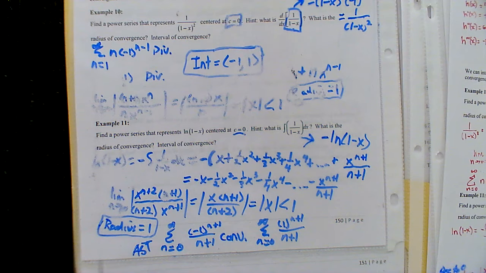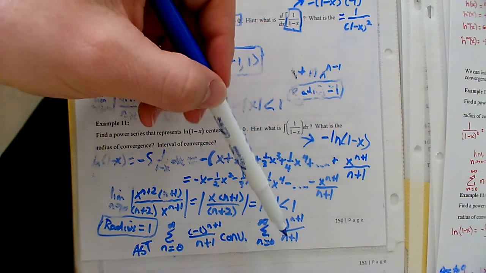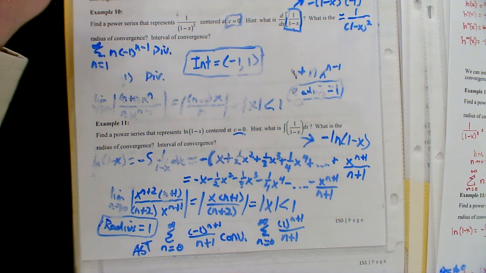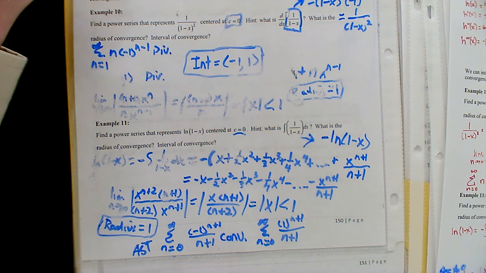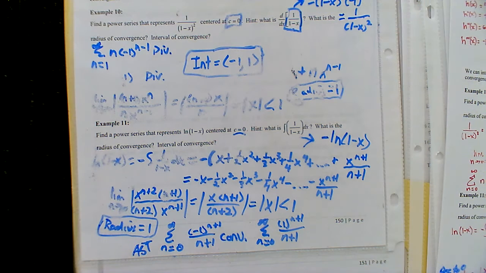Do you think this one converges or diverges? If you think about it, the top is always going to be 1. So you have 1 over n plus 1. Use that information to help you determine how you could test this one.